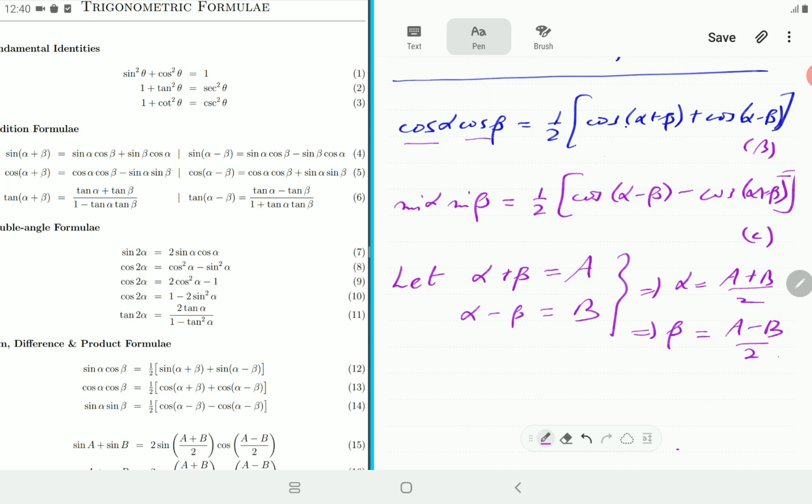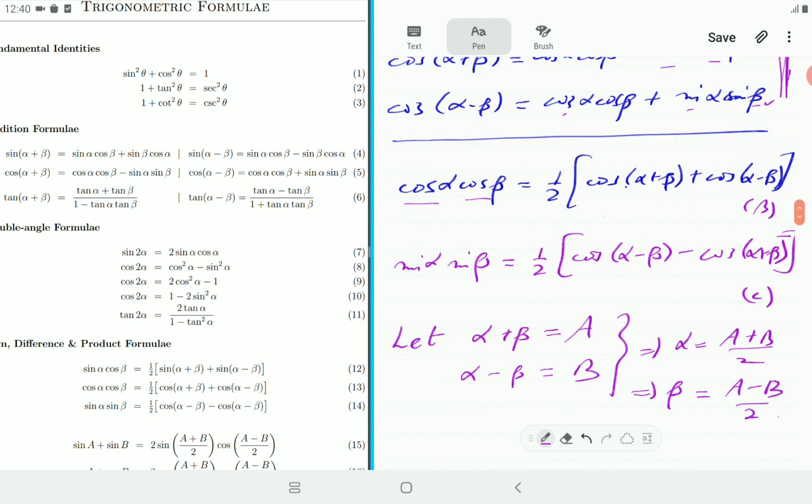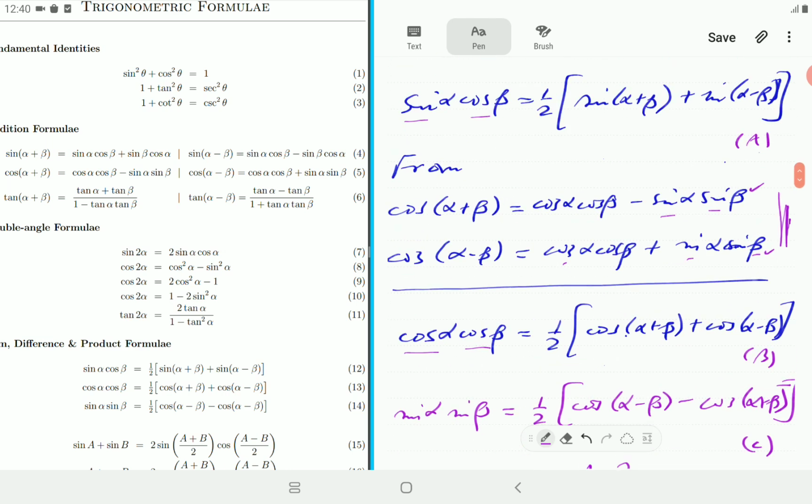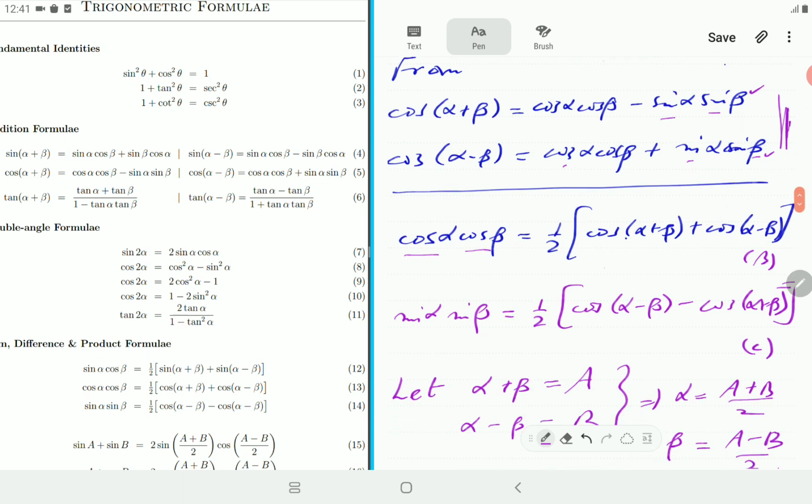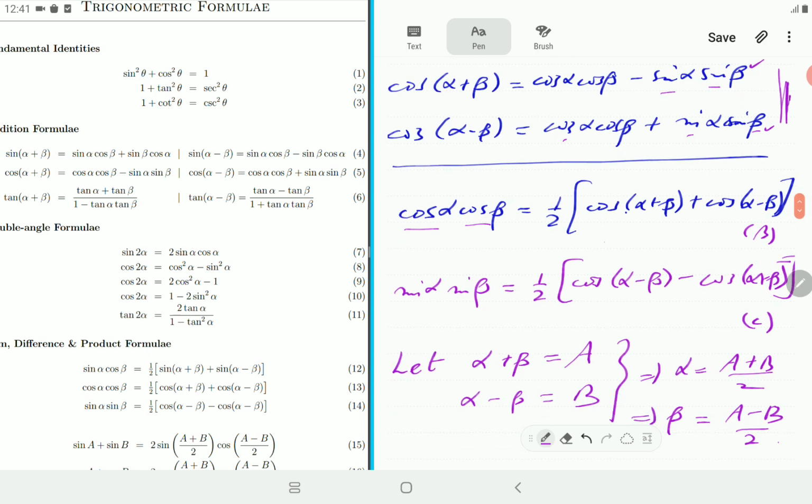Now then we're going to take these and substitute them into this formula here, which we've labeled A. So this is going to be A, that angle in this is going to be B, because we've just let alpha plus beta be equal to A, and alpha here is going to be (A plus B) over 2.